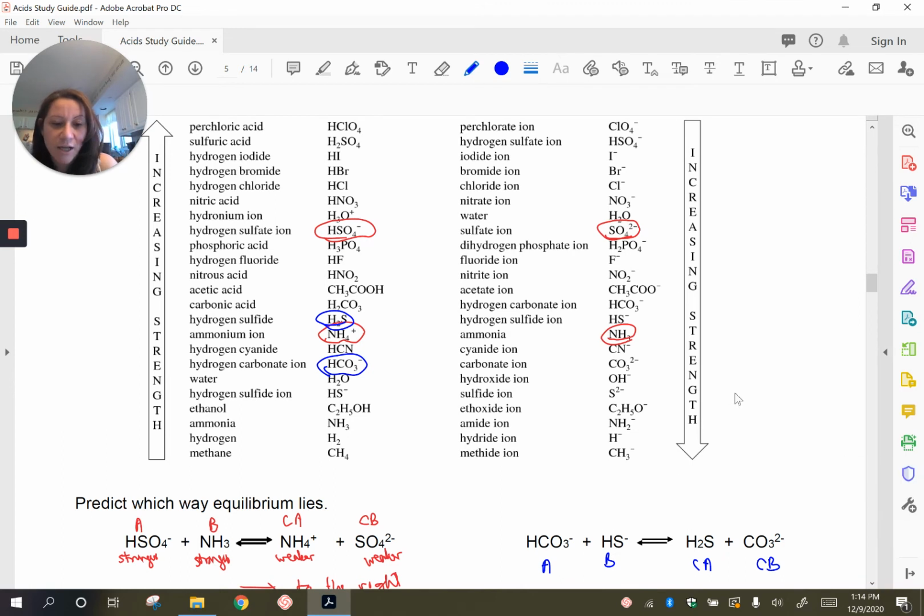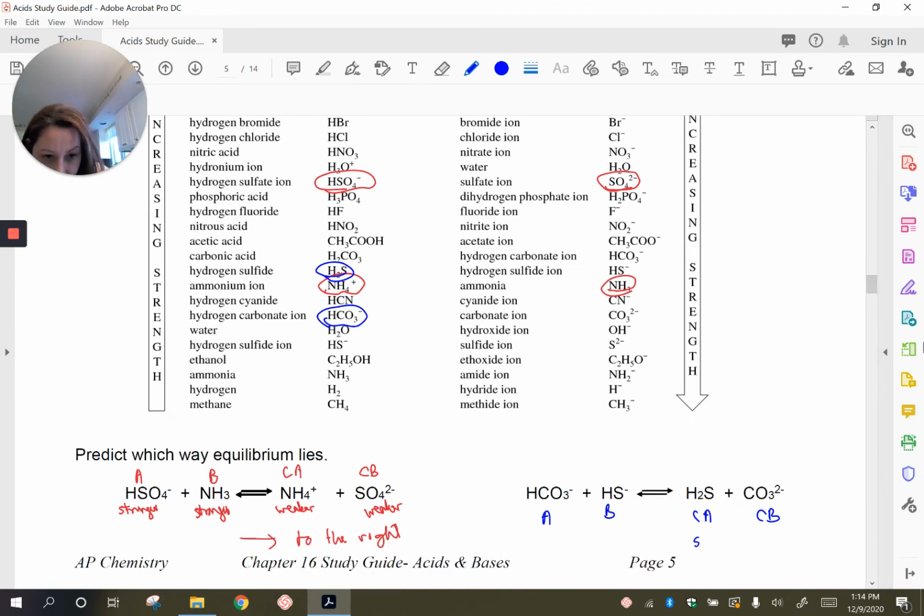Well, H2S seems to be the stronger acid. Okay, let's look at the bases. HS minus is right here, and CO3 2 minus is right here. So which one is stronger? The CO3 2 minus is stronger. This is the weaker species.